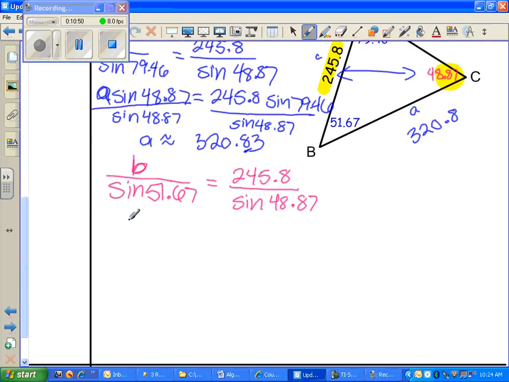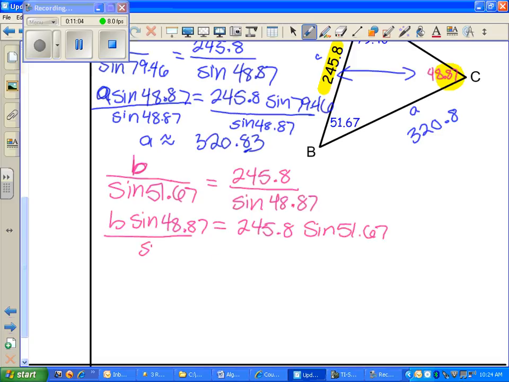So cross multiply, B sine 48.87 equals 245.8 times sine 51.67, and then divide by sine 48.87.